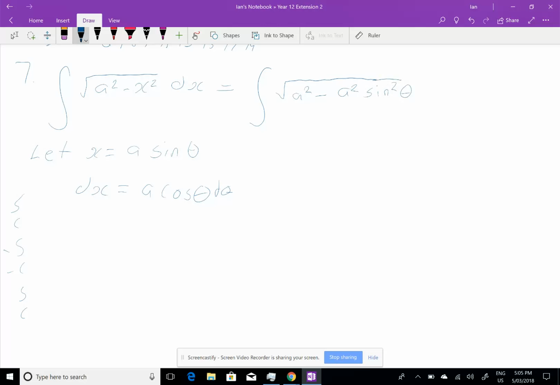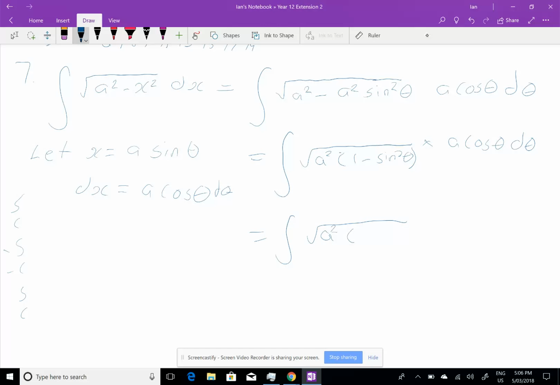And dx is a cos theta d theta. All right, integral, well, we'll factorise that a out, so we get a squared times 1 minus sine squared theta. And you're thinking to yourself, you beauty, I'm going to get cos out of that, times a cos theta d theta.